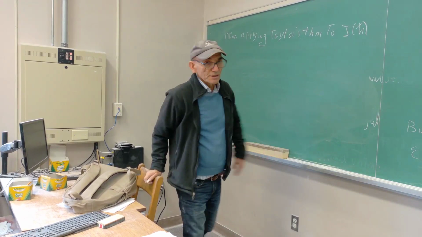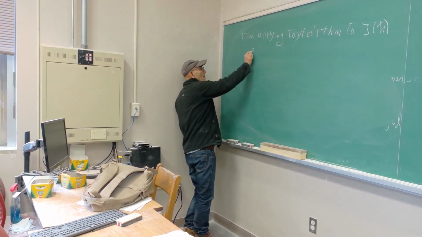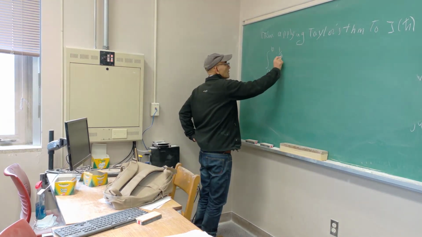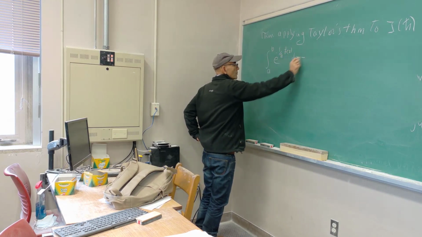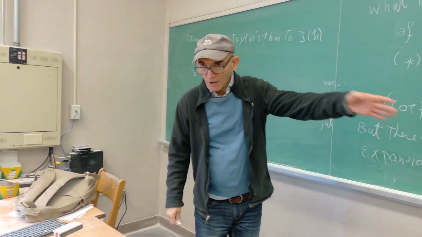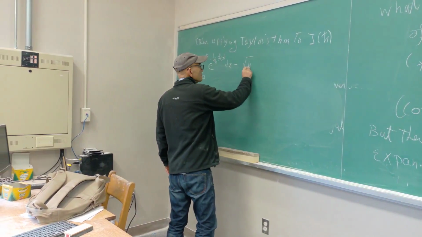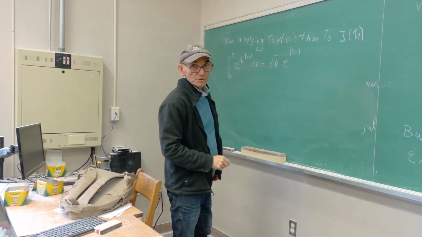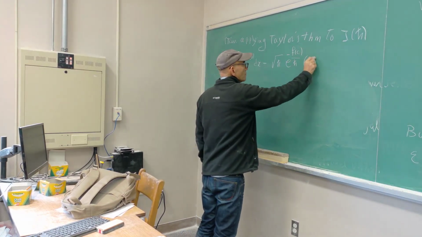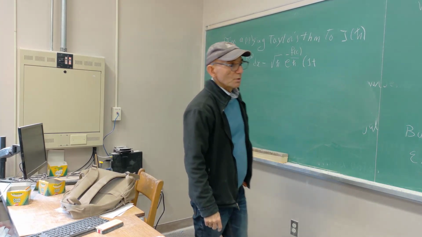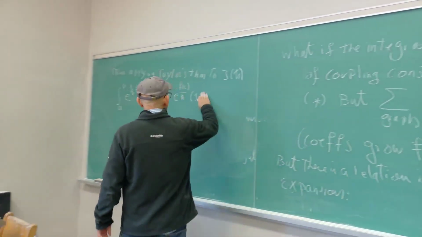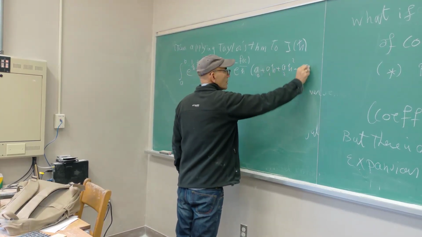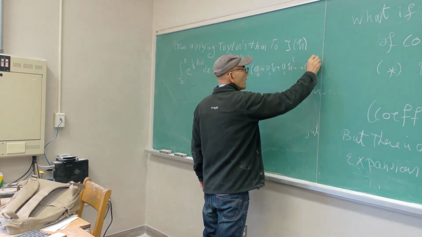And then we can say that actually the value of the integral exponential of minus 1 over h bar f of x dx minus, take as many terms on the right hand side as you wish, root h bar exponential of minus f of c over h bar times 1 plus f of 0 times a0 plus a1 h bar plus a2 h bar squared plus an h bar to the power n.